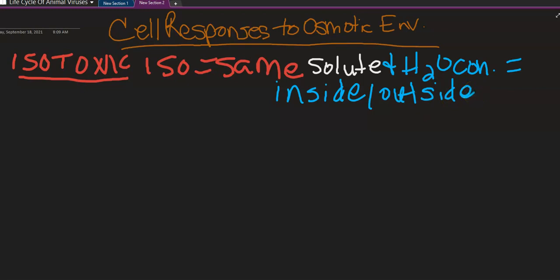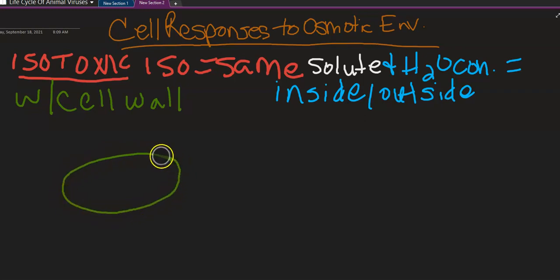So a solute is going to be those dissolved substances, okay? So let's draw our cell here. This is going to be with a cell wall. So like I said, many bacteria will have a cell wall. This is our cell membrane. And then this is our cell wall, okay?